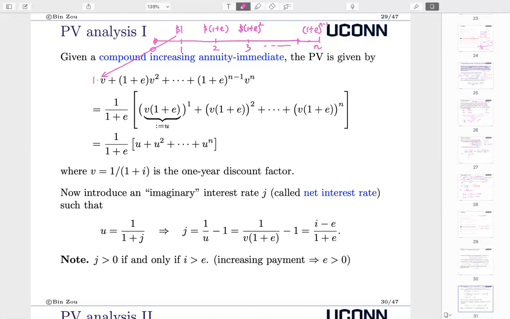Similarly for the second payment, 1 plus e at time 2, we need to multiply by the 2-year discounting factor, so v squared. And so on, this is the last one. Let's put a double arrow to say this is how we get this summation sequence.